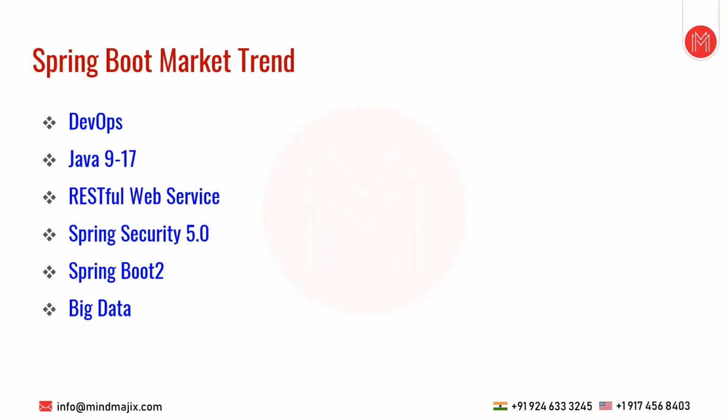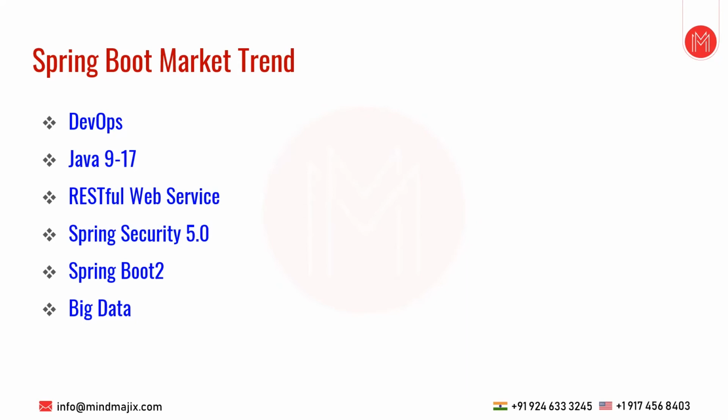Okay. And one more trend is Spring Boot 2. There is a steady improvement in the Spring Boot framework versions, with the newest release including fixes like the one named CVE-2021-22060.